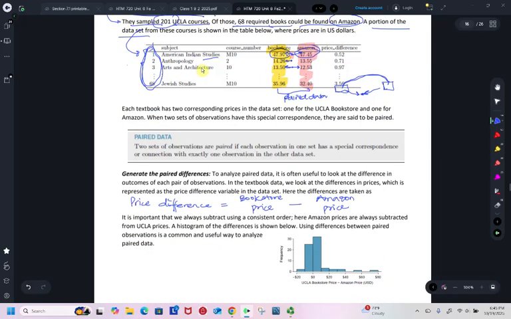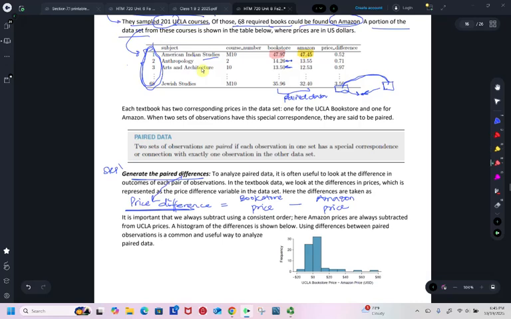The first step is to generate paired differences. That is, we choose in what direction we want to go. For the purpose of illustration, I'm going to take the price difference to be the price at the bookstore minus the price on Amazon. And that's what I'm doing here.